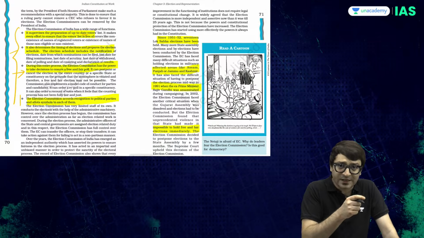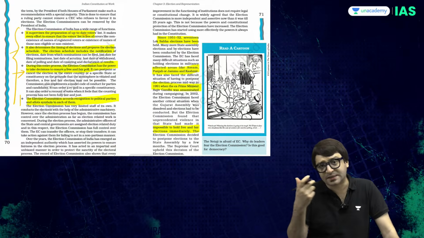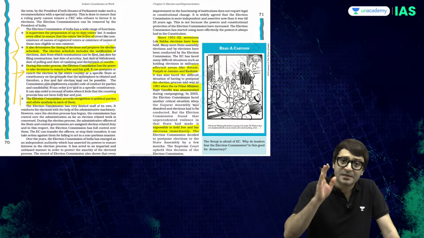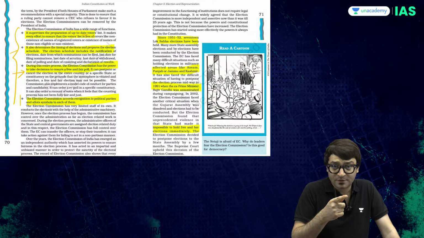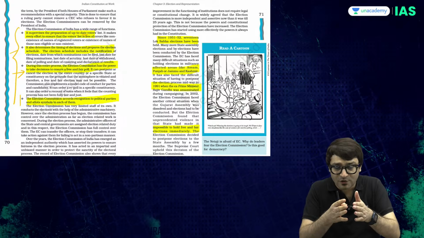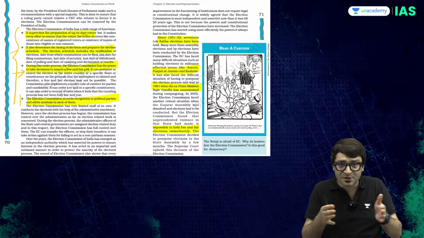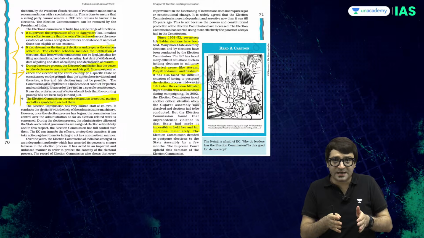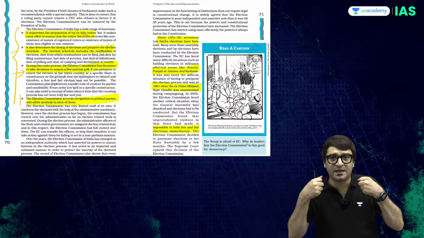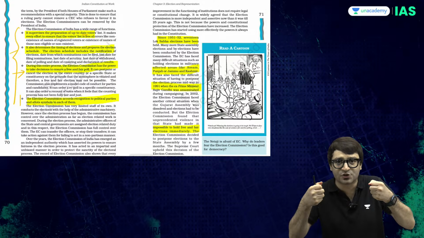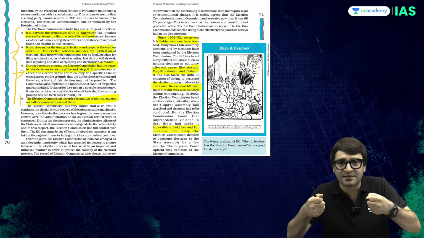So recognition as national or state political party is given by Election Commission of India. Symbols are allotted by the Election Commission of India. And if there is a dispute, for example, Shiv Sena got split, NCP got split, previously AIA-DMK got split, and both the camps were claiming that we are the real AIA-DMK, we are the real Shiv Sena, we are the real NCP.